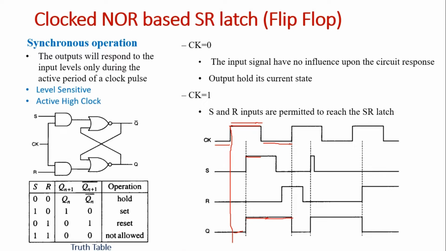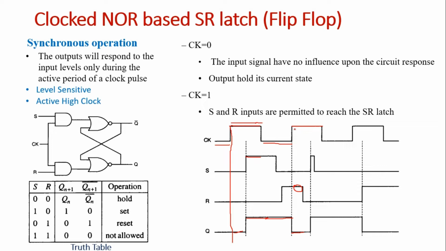Now here we have again an active high clock pulse. Now S is 0 and R is 1. That means we have a reset operation over here. Reset means your output Q will now become 0. So therefore our output is 0 over here.